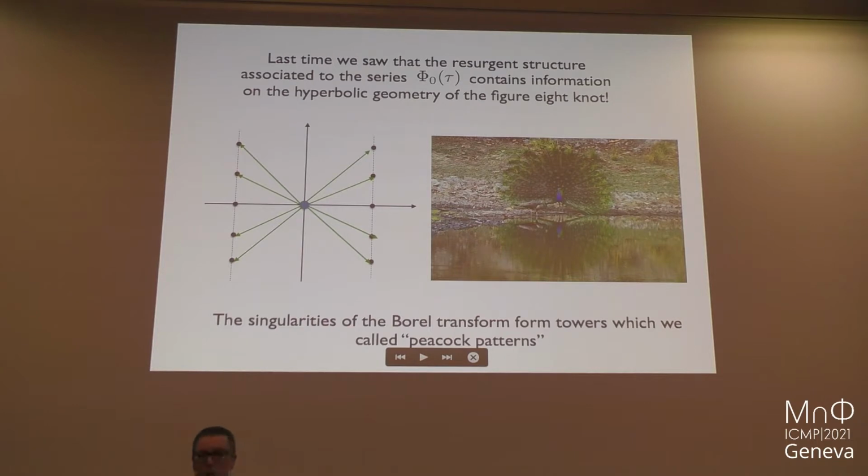But we also saw, from the point of view of resurgence, a very interesting structure of singularities. This is not something that you see, for example, when you study the Airy function, where you just find isolated singularities. Here we found two towers of singularities, which are spaced by 2 pi i along the imaginary directions. The real location of this tells you the information about the volume of the knot.